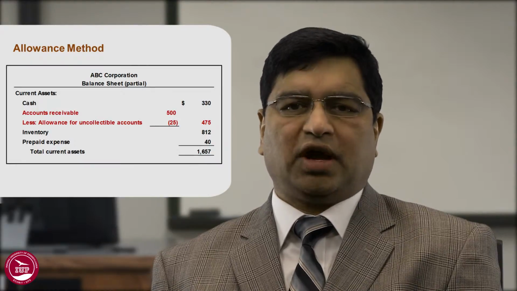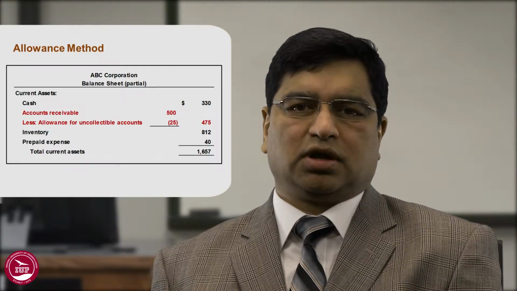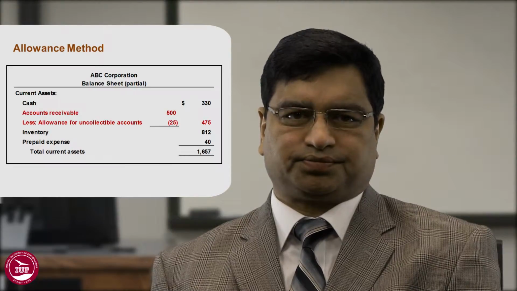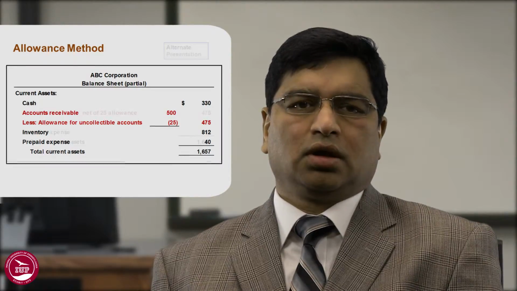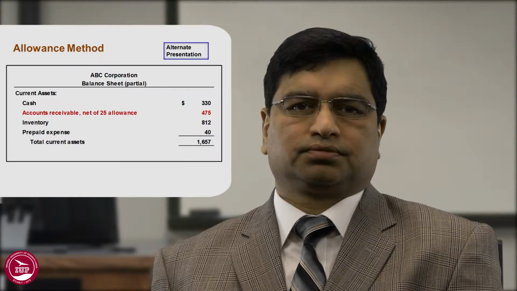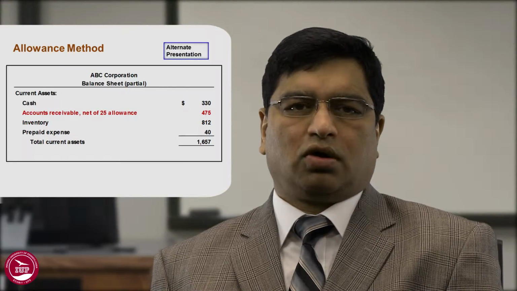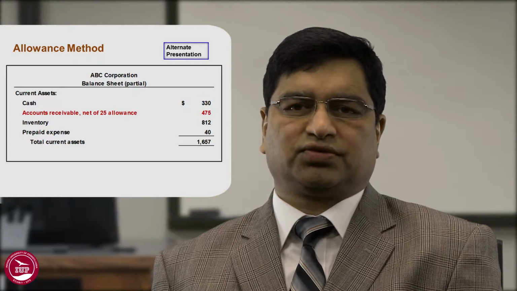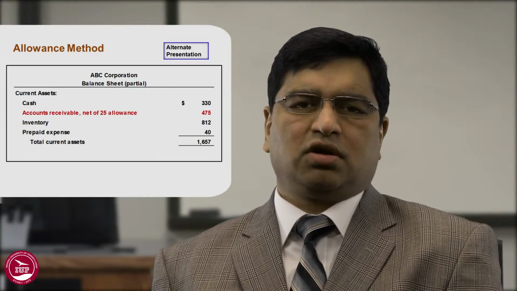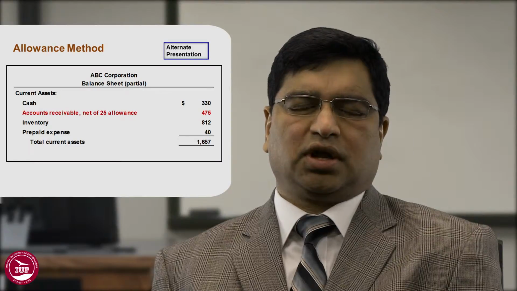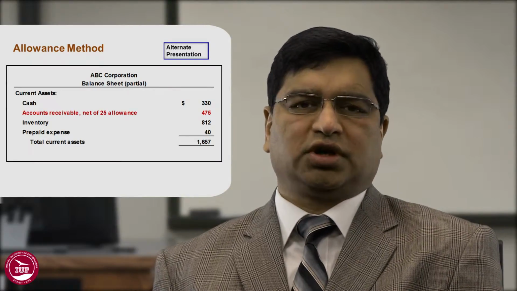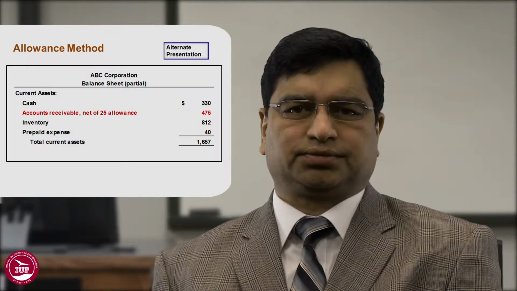And therefore, the value of this accounts receivable in the books is $475. Or you can also show it as accounts receivable net of $25 allowance for $475. Note that the allowance account is contra to the asset account, so it is opposite in nature to an asset account.